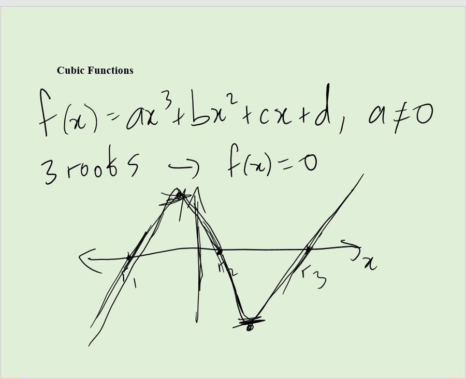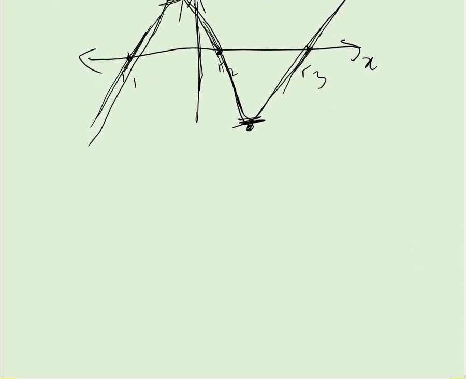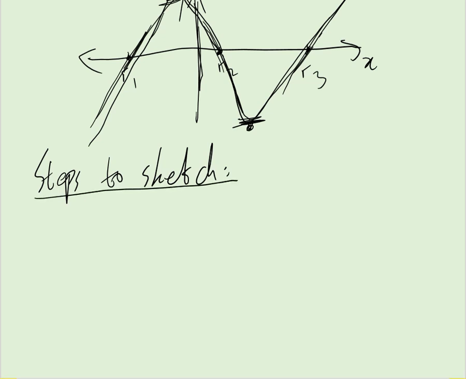So to sketch a cubic function, or cubic polynomial, we need to know a few things. We need to get the 3 intercepts. So let's say the steps to sketch the graph would be, number 1, get the x-intercepts. Number 2, get the y-intercept.